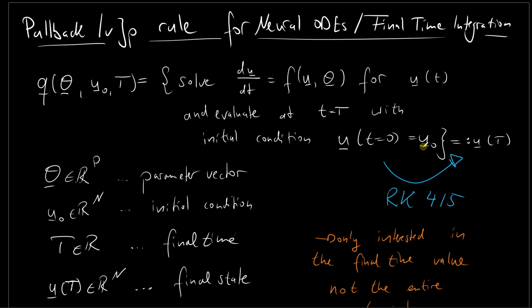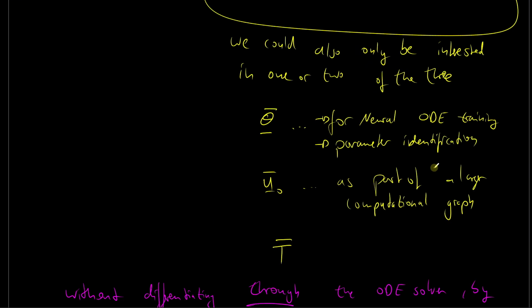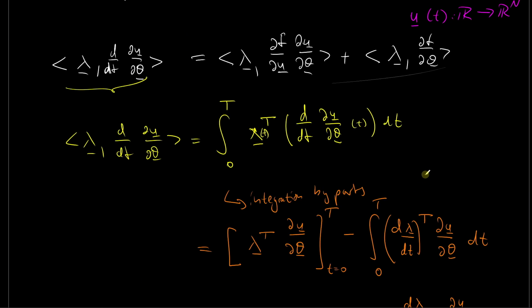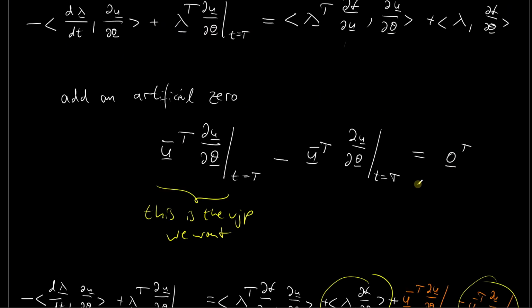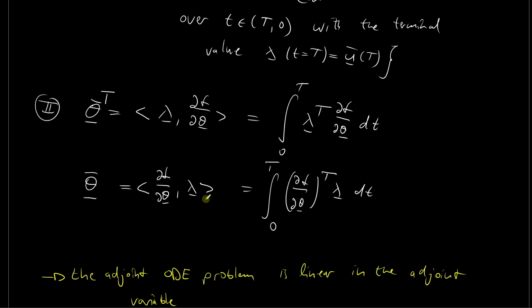And as such, in order to get a cotangent on the parameter vector, which is some sort of a derivative estimate, we need to collect all the contributions over the entire time that theta has made to the trajectory. For me, it seems a little bit logical that we then need an inner product, or in other words, you can also think of it as a contraction over time, in order to accumulate all these influences that theta has on the primal solution.